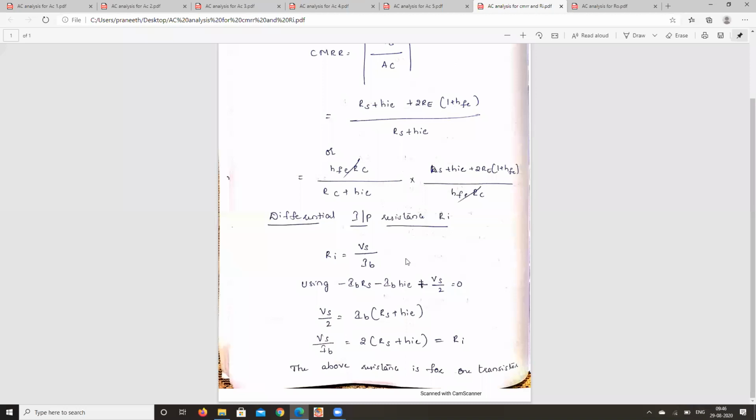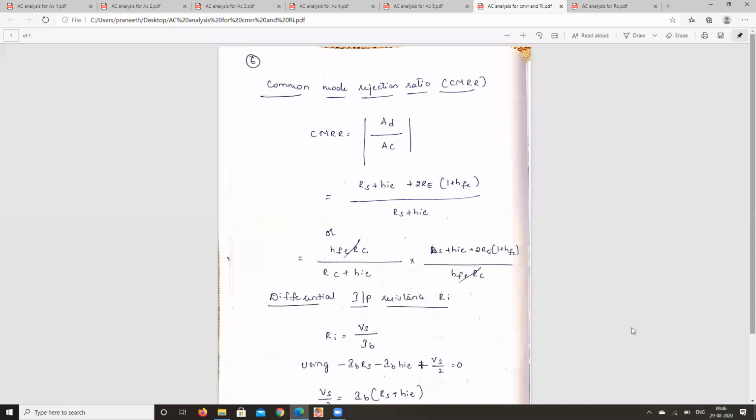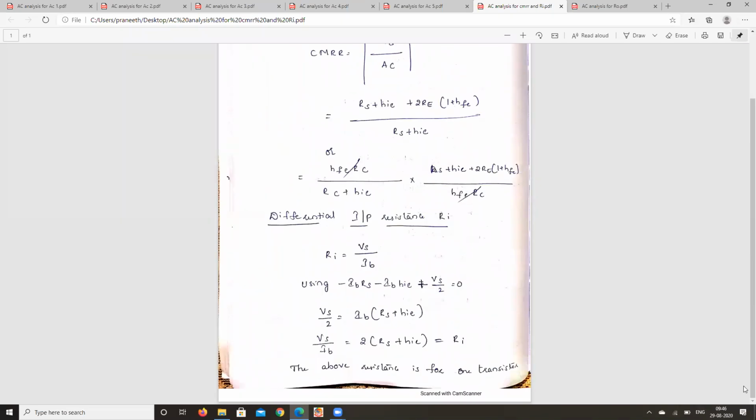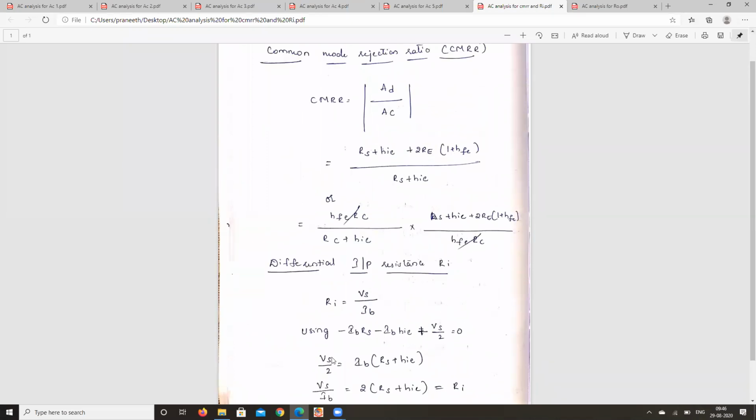If I take it like that, I get Vs by 2 equals IB into Rs plus hie, and Vs by IB equals 2 into Rs plus hie.